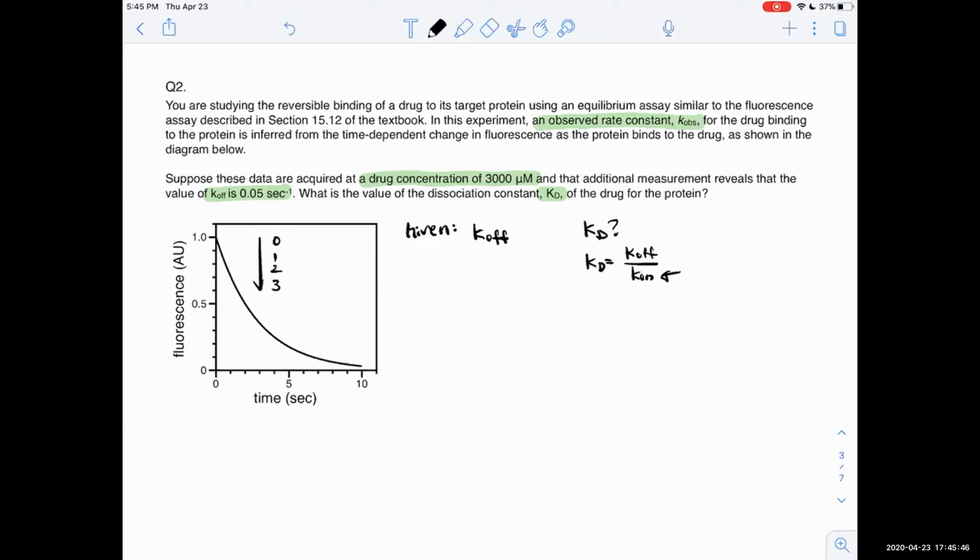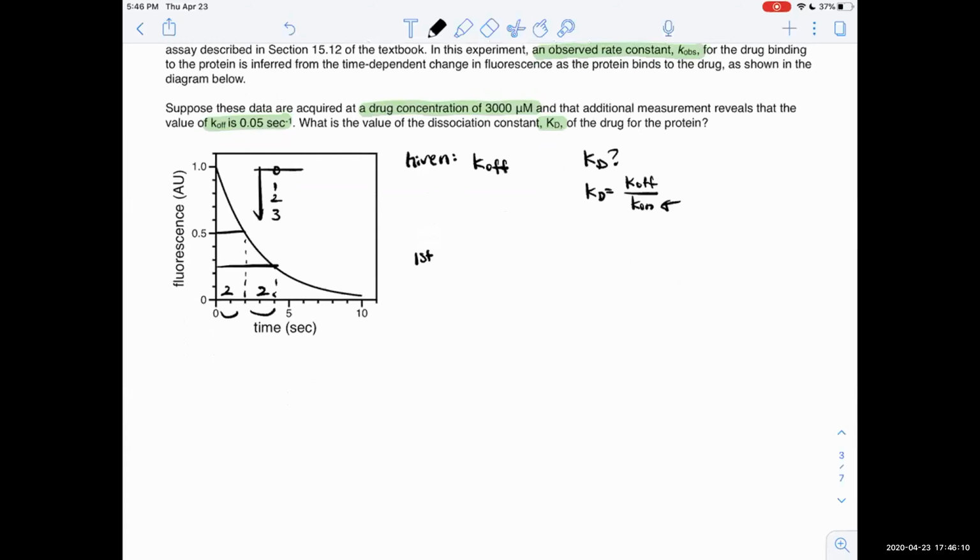For the 0th order, we want to see a linear line, which is not the case. So we know that this is not 0th order. For the first order, we know that it has a constant half-life. So we want to dissect into 0.5 and 0.25 and look at their respective times. We know that the times are constant, 2 seconds. So therefore, we know that this is a first order reaction.